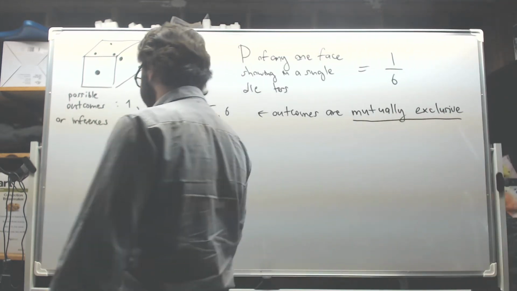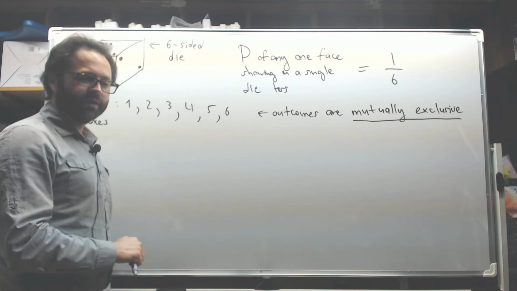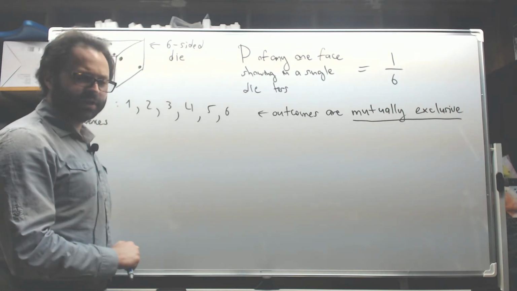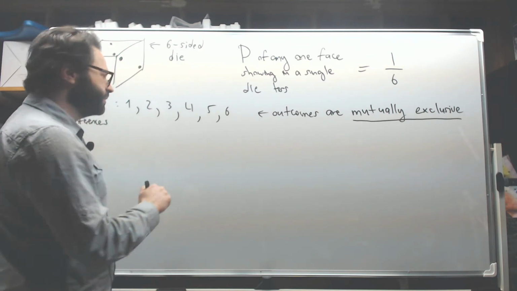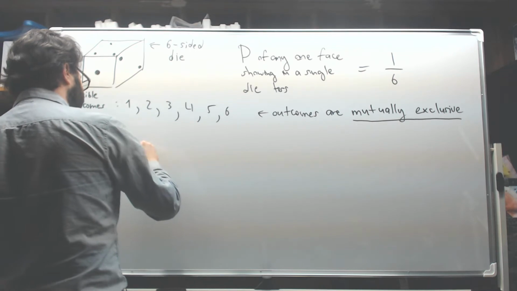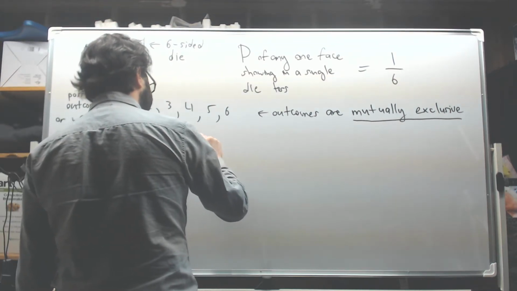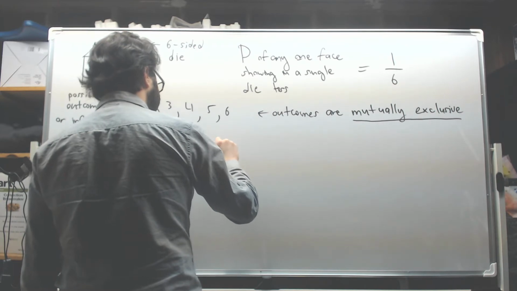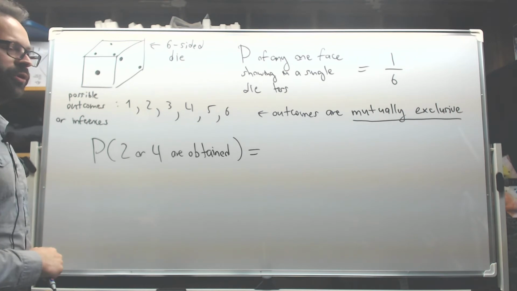Here's the rule. The probability that a 4 or a 2 is obtained. So what does that mean? What are the possibilities? Probability 2 or 4 are obtained. This is not going to be 1/6.